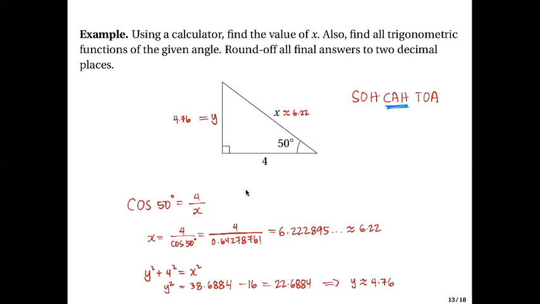So, we have the value of the opposite side. We can solve for the SO, we can solve for the TOA, and of course, we can have the cosine of 50 degrees. We just need to replace this with x equals 6.22. Okay? So let us adjust these guys here.